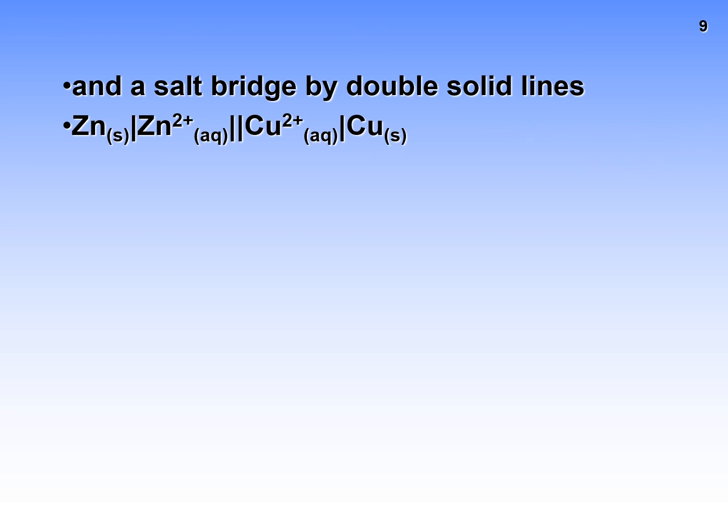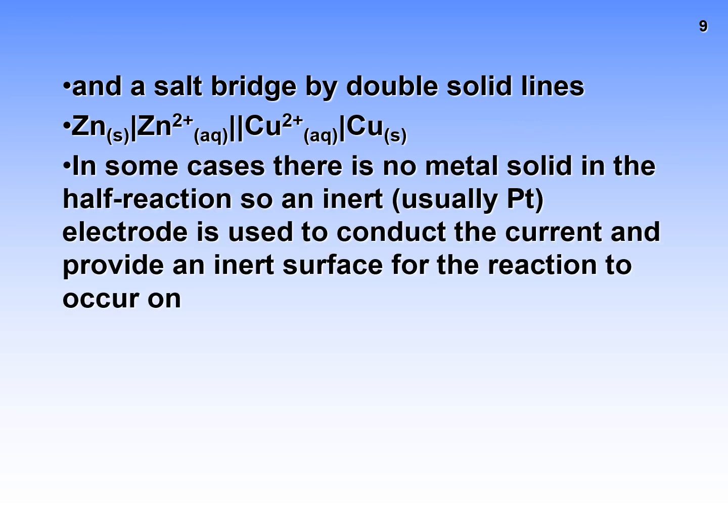Okay, so what happens if we don't have a solid piece of metal as part of our reaction? Like in these ones, we have solid copper here and solid zinc here. That means we can attach a wire to a solid metal electrode in these two half reactions. However, in many redox reactions, we don't have a solid present as part of the reaction.